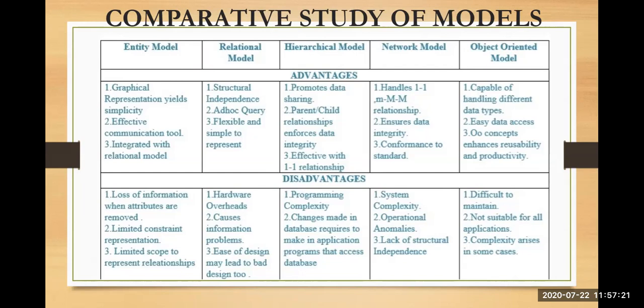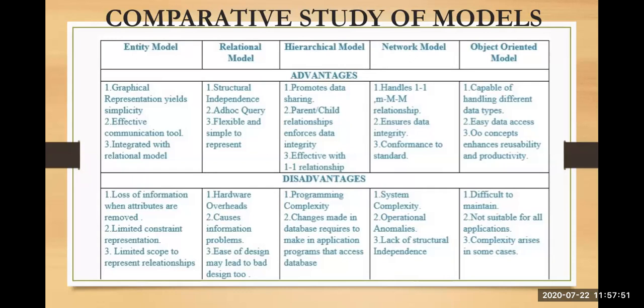Next, object-oriented disadvantages. First is difficult to maintain. Why is it difficult to maintain? Because there will be multiple data types when I talk about object-oriented programming. So it becomes very difficult to maintain in that case. Second, not suitable for all applications. It will be suitable only for those applications which have object-oriented concepts in them, like polymorphism, encapsulation, inheritance.